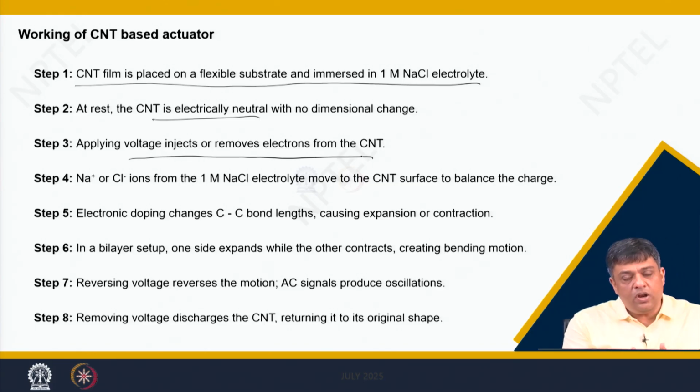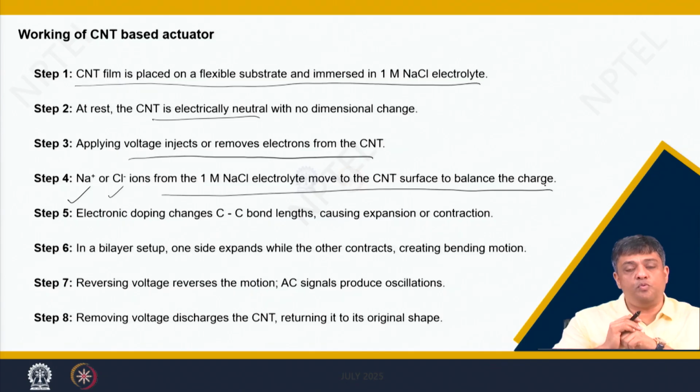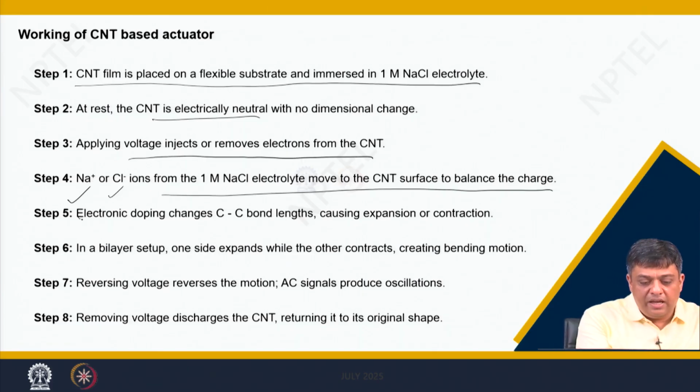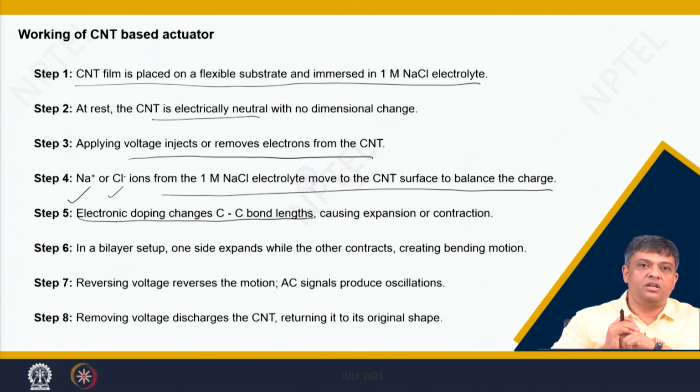Now, in an electrolyte, you have Na plus and Cl minus ions. These move to the CNT surface to balance the charge. Hence, you would see electronic doping changing the C-C bond length.